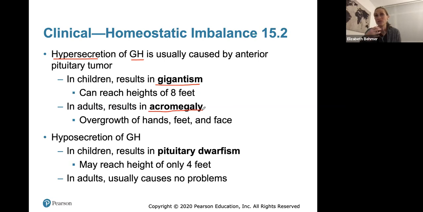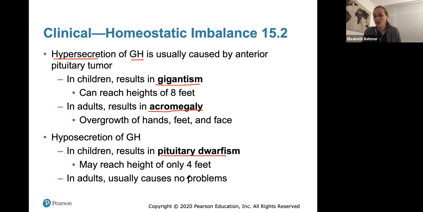Adults have usually stopped growing by the time you're 18, 20. So if a tumor occurs that hypersecretes growth hormone in adults, they'll get an overgrowth in their hands, their wrists, their feet, and their face or their neck. If we have too little growth hormone, it can cause what we call pituitary dwarfism. We call it pituitary dwarfism because it's based on a hyposecretion of growth hormone, too little from the pituitary gland.